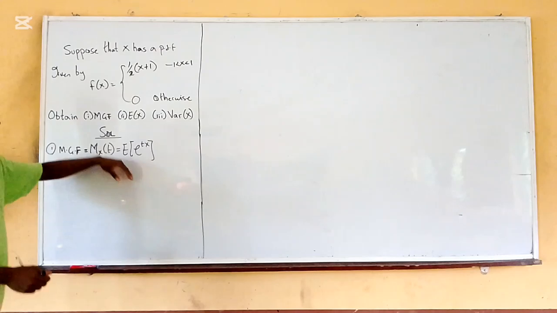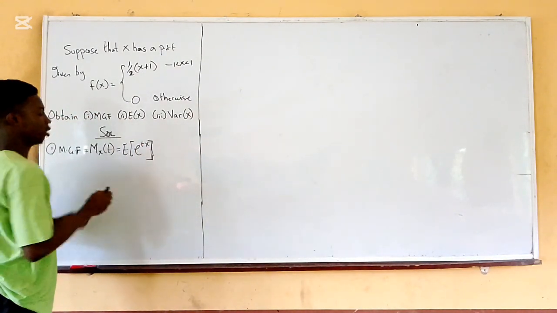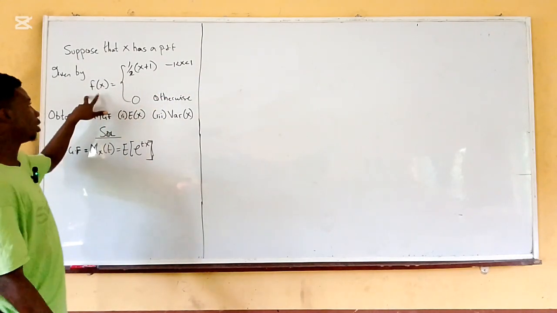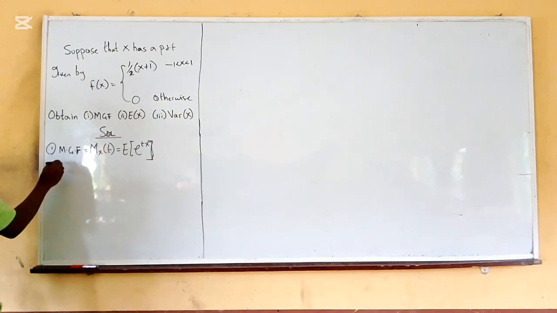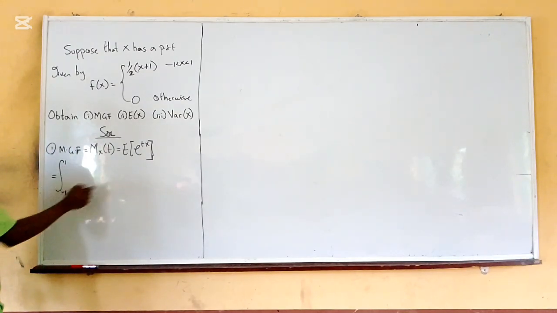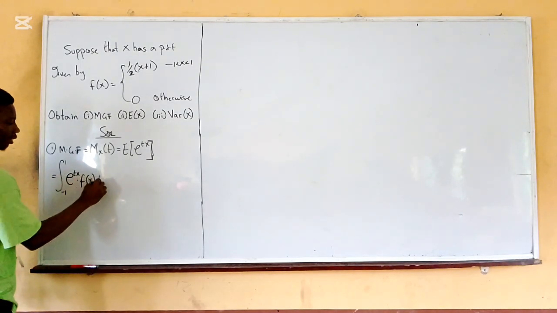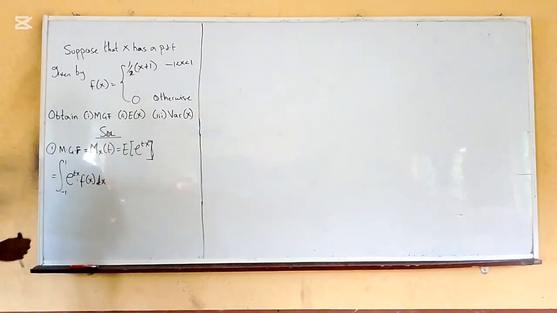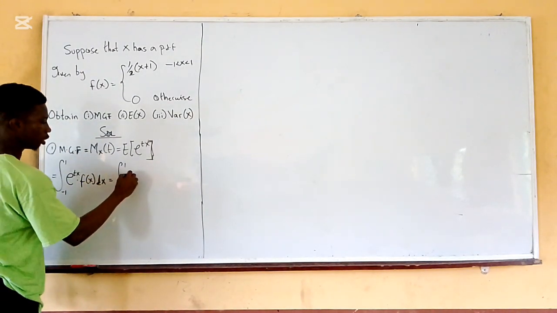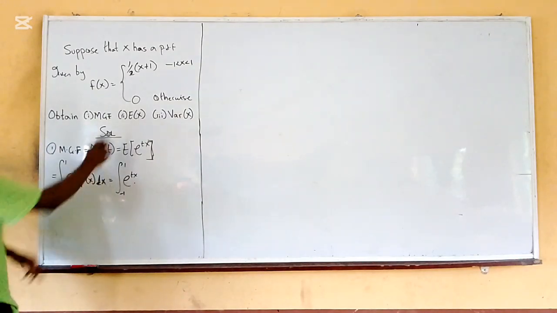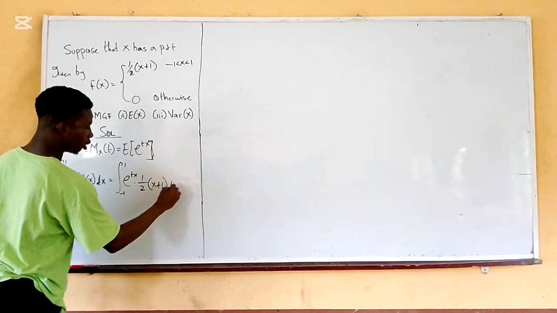In this case, this is a continuous PDF, so I'm going to be integrating from -1 to 1 of exponential tx dot f of x dx. So that would be the integral from -1 to 1 of exponential tx dot, what is my f of x? This is my f of x, which is 1 over 2x plus 1 dx.